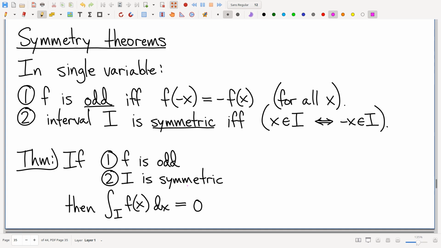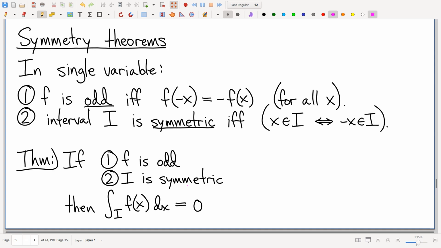In my undergraduate days, I computed so many integrals, and a great fraction of them I computed by this method. I think this is one of the biggest techniques for computing double and triple integrals, the symmetry theorem.